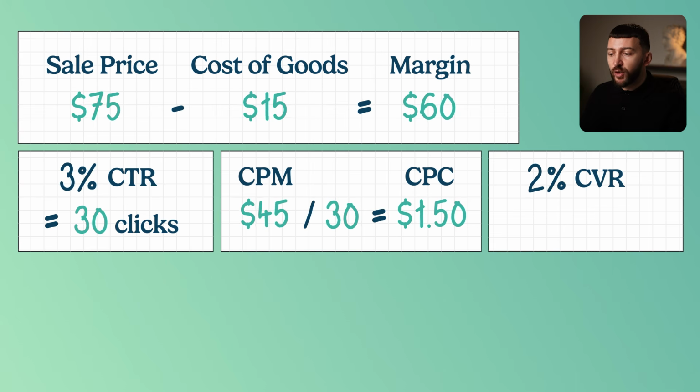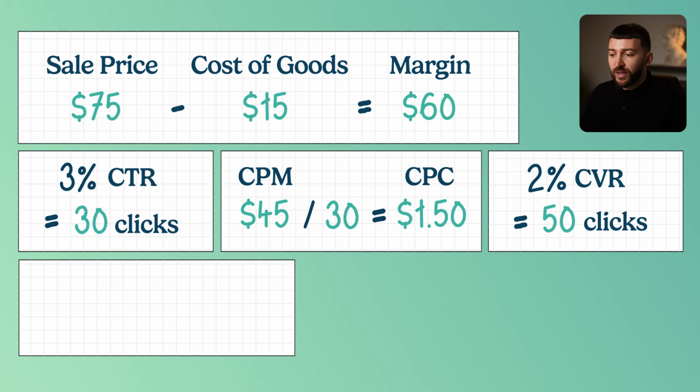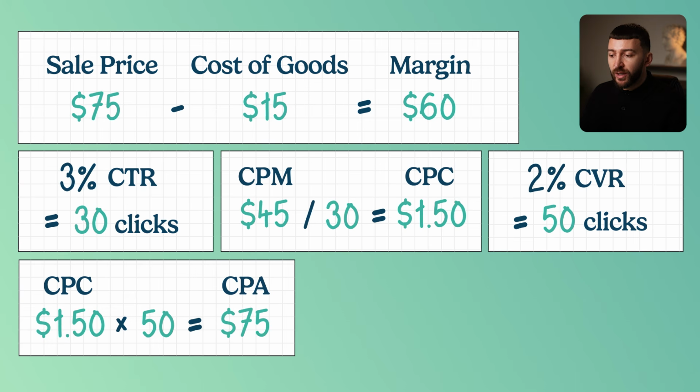If my store's conversion rate is 2%, which is on the lower side, but as a beginner, it generally will be on the lower side, that means I need 50 clicks to achieve one sale with a 2% conversion rate. So based on my CPM of $45, which achieved 30 clicks, which is $1.50 per click, if I need 50 clicks per sale, we can do 50 times 1.5, which means I'd pay $75 to get enough clicks to achieve a sale.